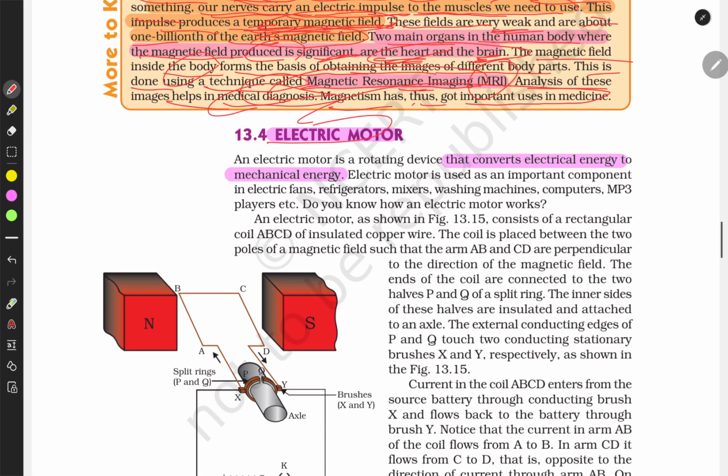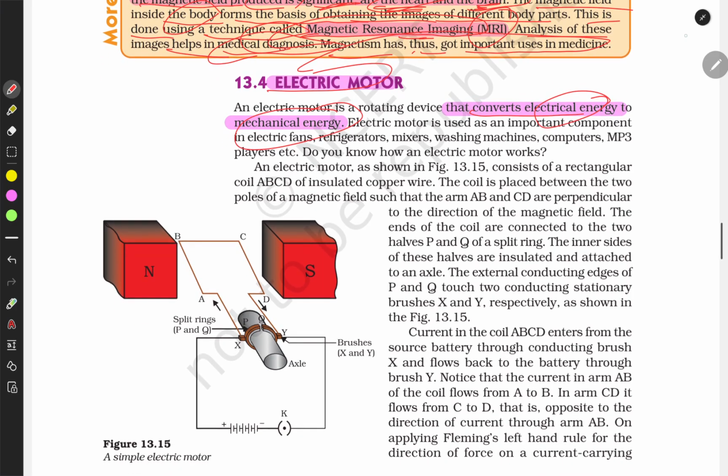Let's talk about the electric motor. It converts electrical energy to mechanical energy. This is the working of the electric motor: when we pass electricity through this wire by a battery, this coil will rotate, and the electric current is converted into mechanical rotation.